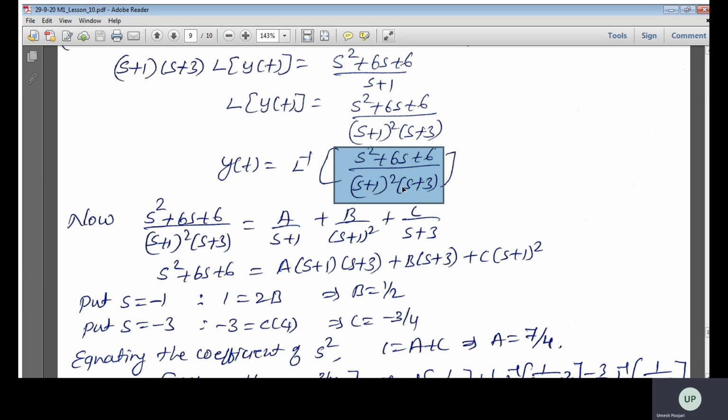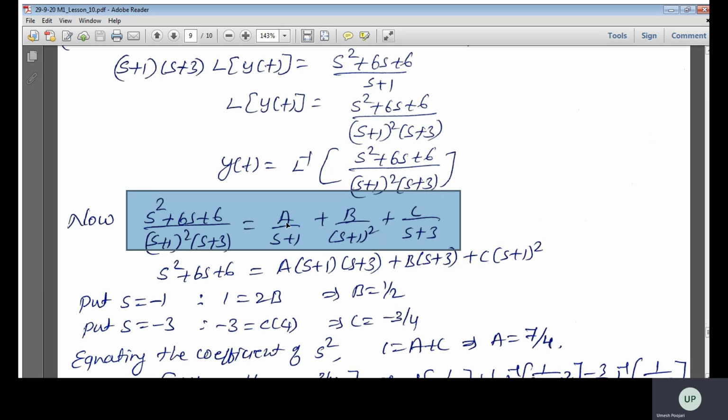So to separate this product, which method can we use? We can use partial fraction. So (s² + 6s + 6) divided by (s + 1)² (s + 3) can be written as A divided by (s + 1) plus B divided by (s + 1)² plus C divided by (s + 3).